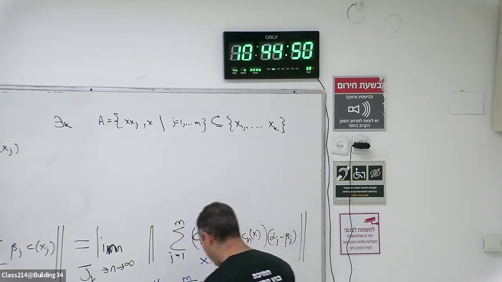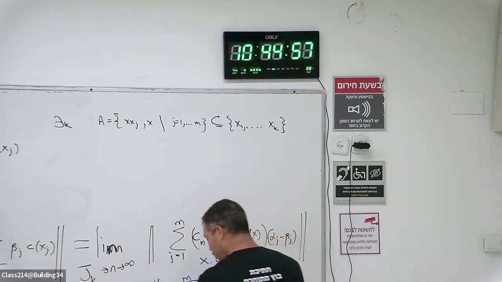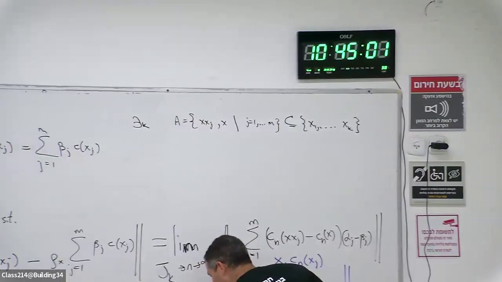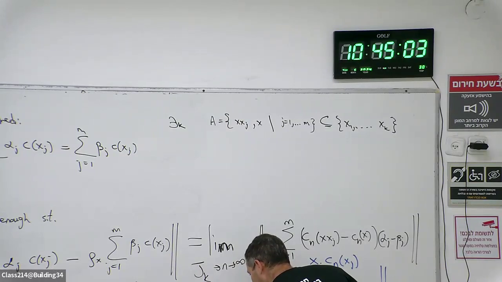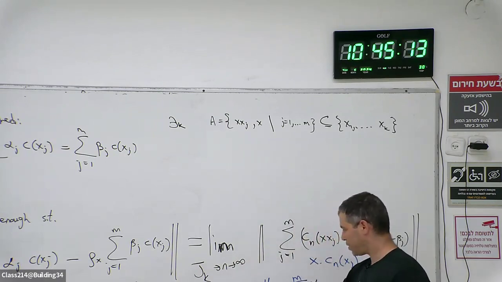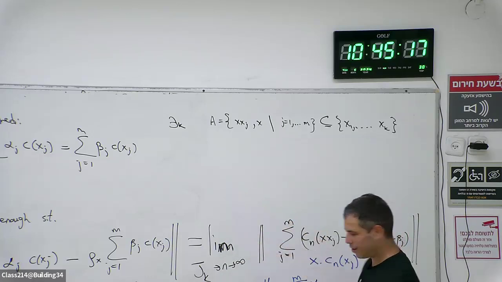So now this limit, the norms of converging vectors converge to the correct norm. So this converges, again, to the norm of the sum of alpha j minus beta j, now I finally remember to put it in the right place, and cxj. But what is this? This by assumption is a zero vector. So this is 0.